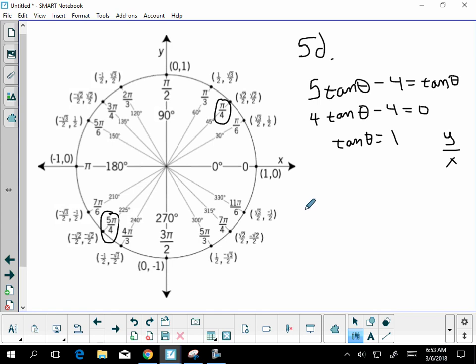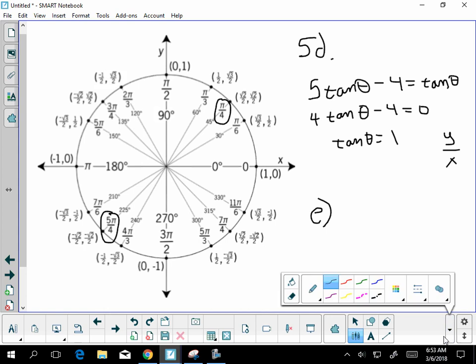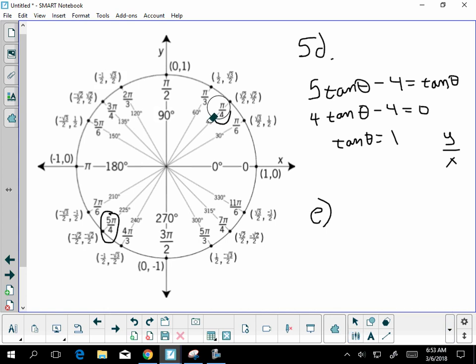And our last one, e, don't FOIL those out. They're already factored for you. So take each one of those factors and set them equal to 0. And when you do that, you're going to get sine theta equals 1/2 and cosine theta equals 1.